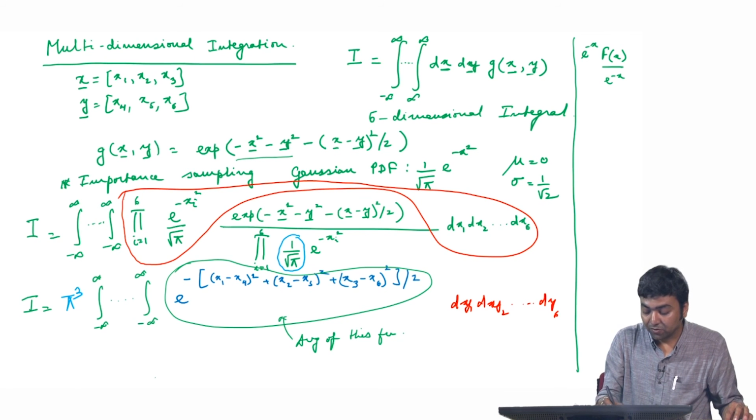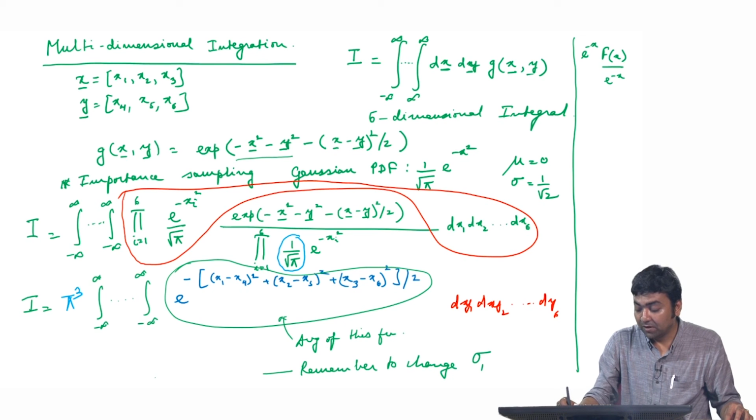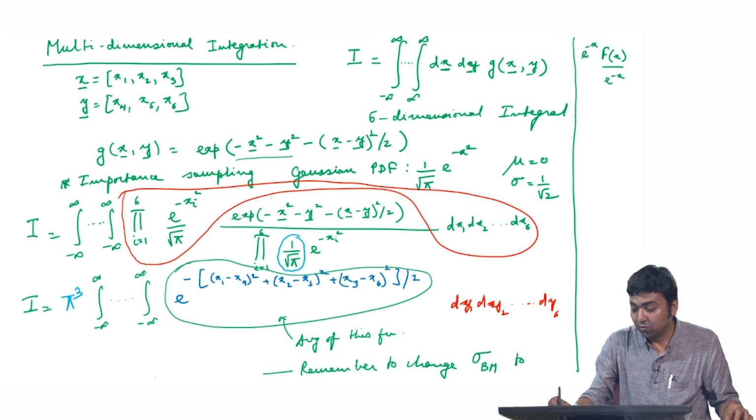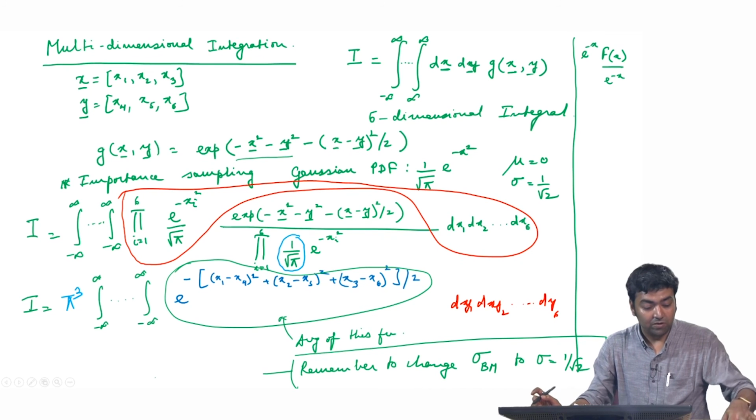So, to write it in a piece of code, remember to change sigma in Box-Muller to sigma equals 1 by root 2. Otherwise your integral will be wrong.